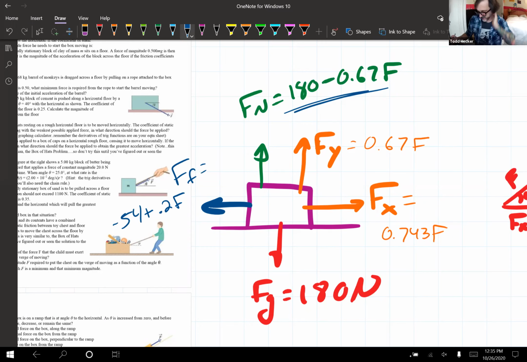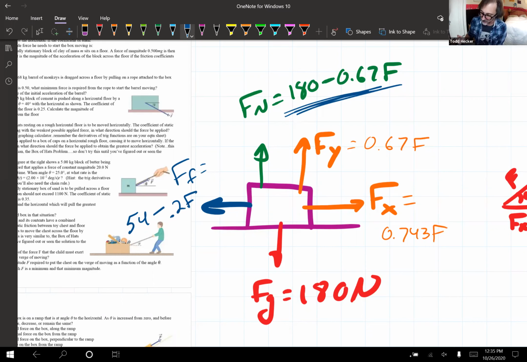So, you know what? I usually do magnitude. Hold on, let me rewind. I don't like this. So our force of friction should be this times 0.3, which gives you 54 minus 0.2 F. I like that better.